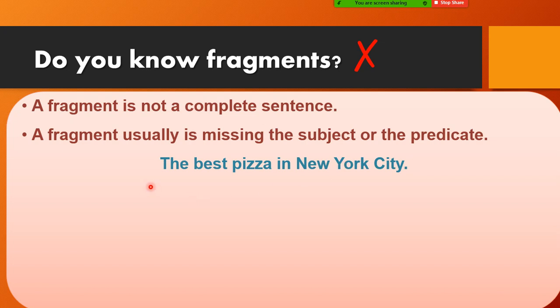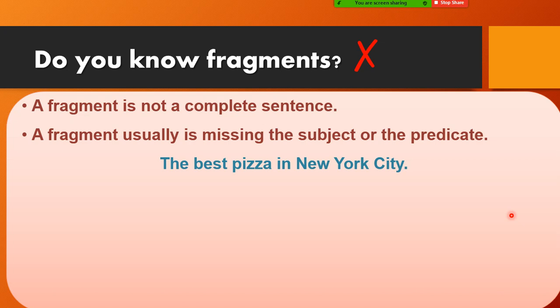Look at that: the best pizza in New York City. What's missing here? The predicate. Yes, excellent. The predicate or the verb is missing here. So something is missing. What did you understand from this? It's just the best pizza.